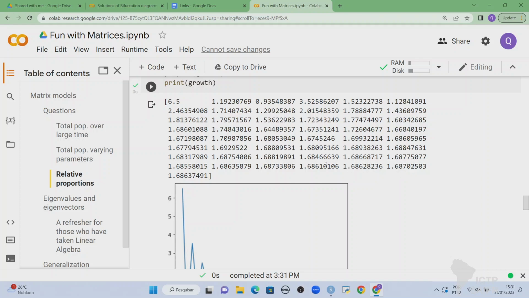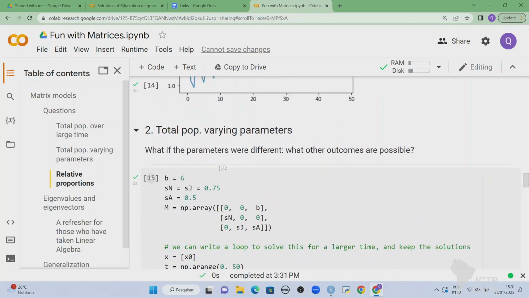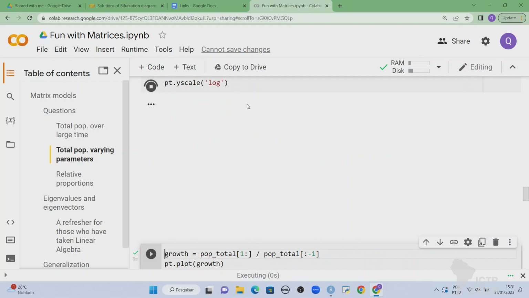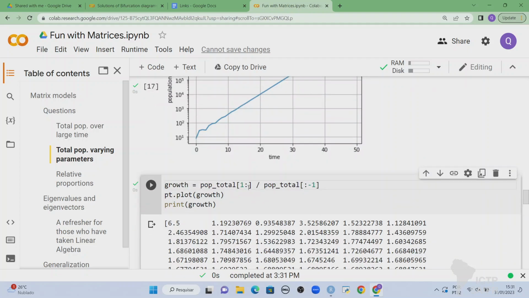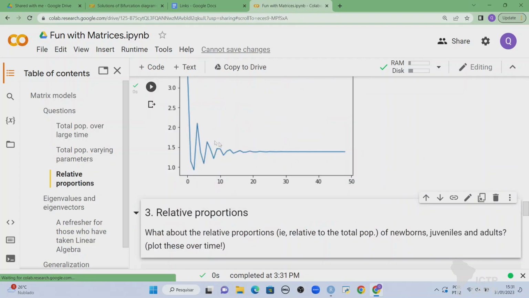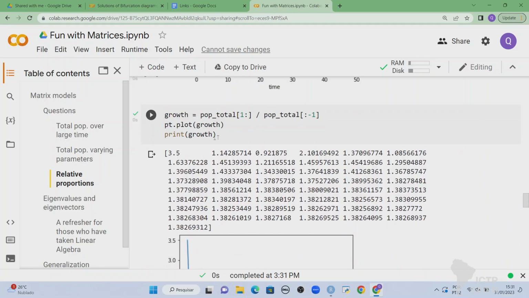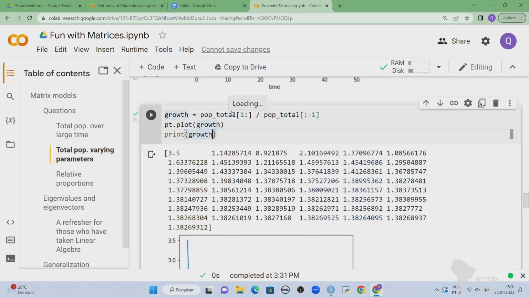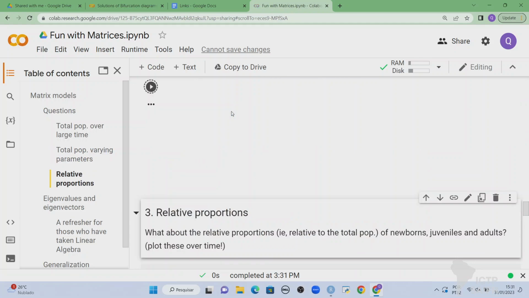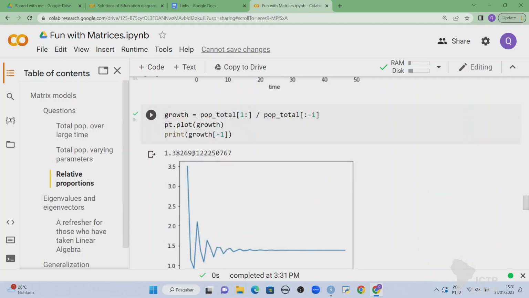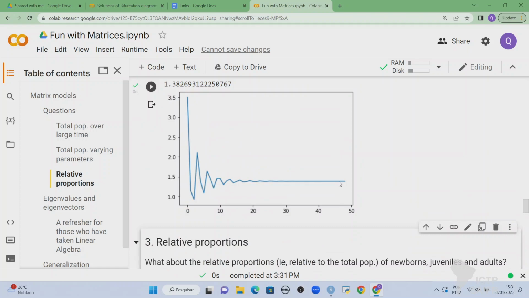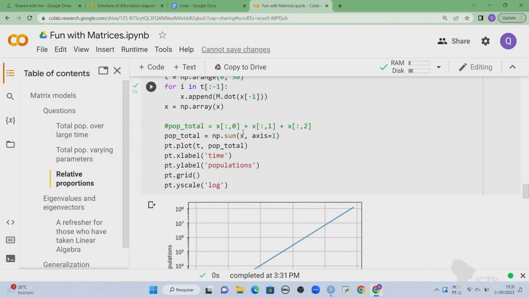So it's growing faster. If I reduce the fecundity a little bit, for 3, I still have some growth. Let me print just the last one. Now it's 1.48 in the end, so it's growing a bit less.